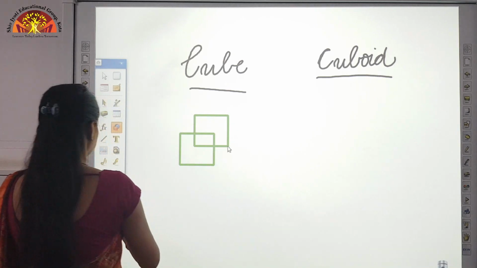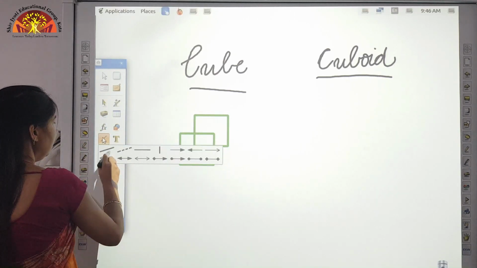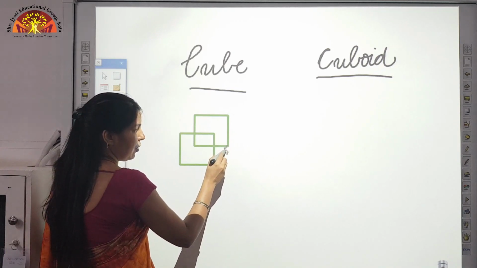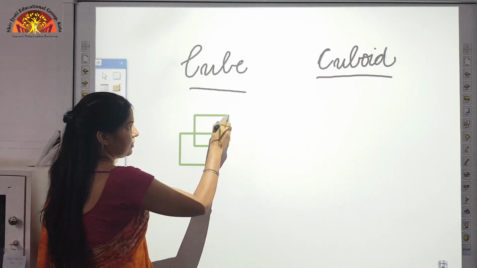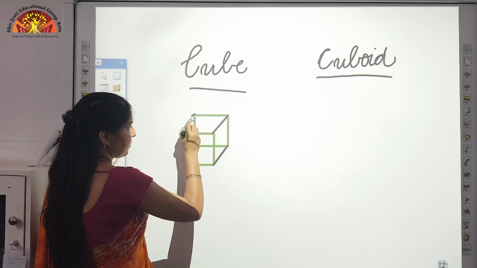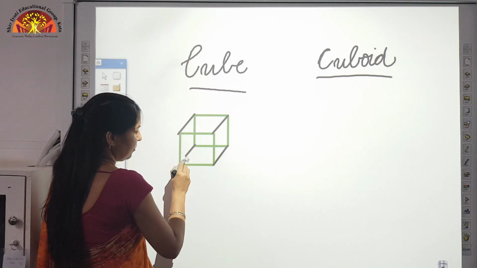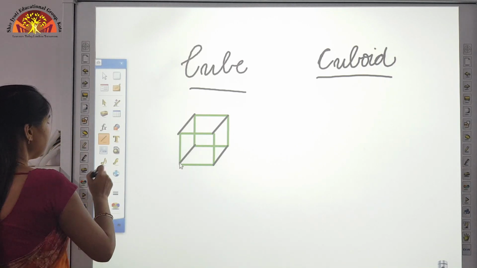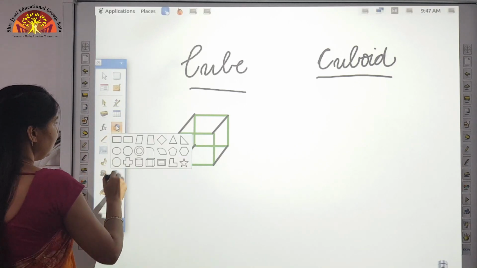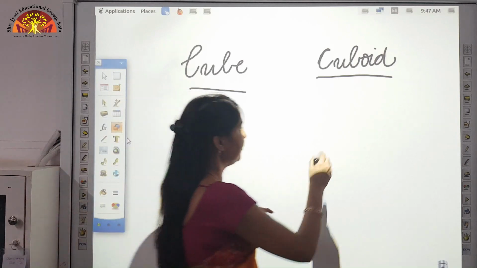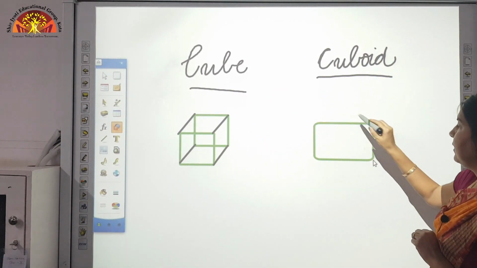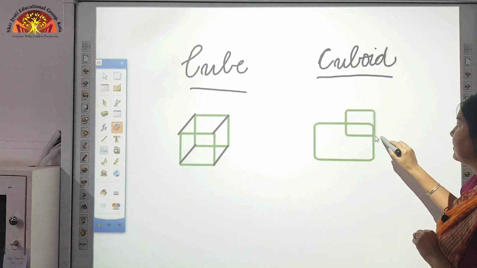Now children, what will we do? We will join these corners to each other. Okay. This is cube shape. Okay. Now we will see how we will draw cuboid. For cuboid, we will draw 2 rectangles. One rectangle is this and the other one is this.